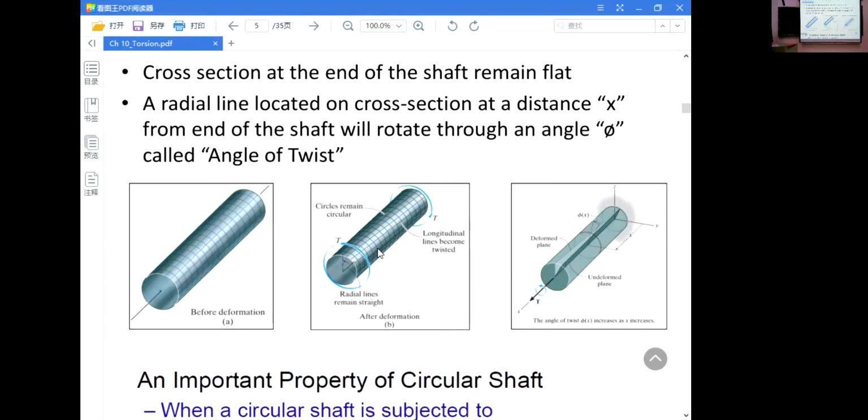In this way, we determine the direction of the shear stress. If the shear stress is not perpendicular to the radius, the shaft will expand or contract.